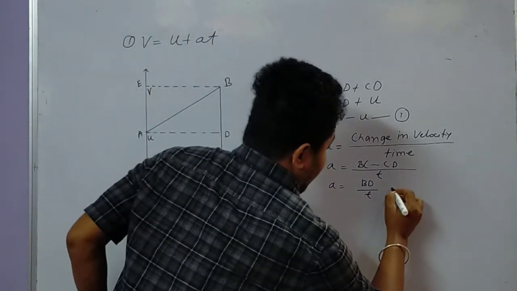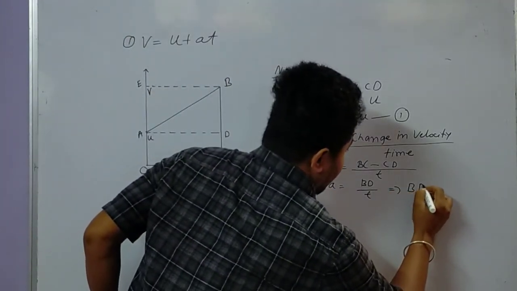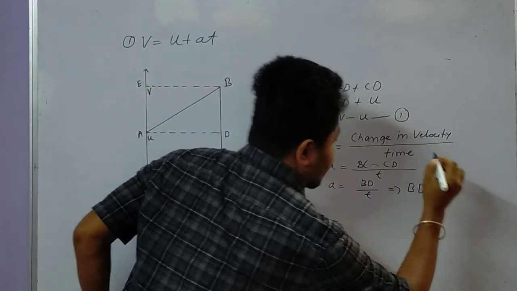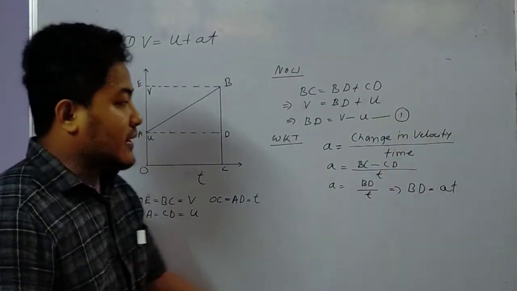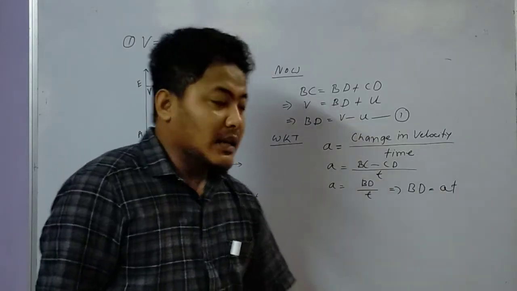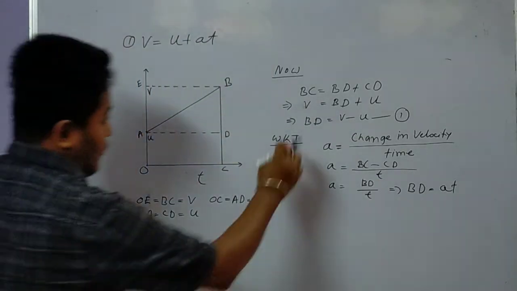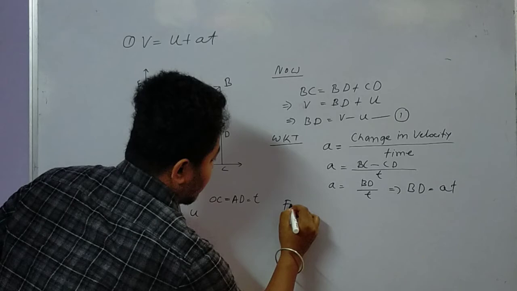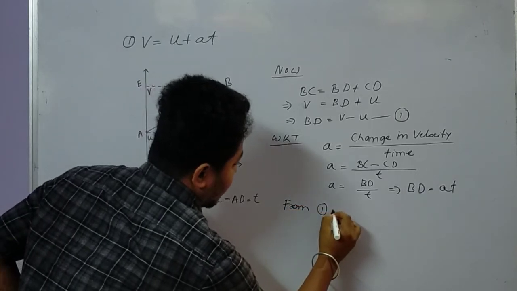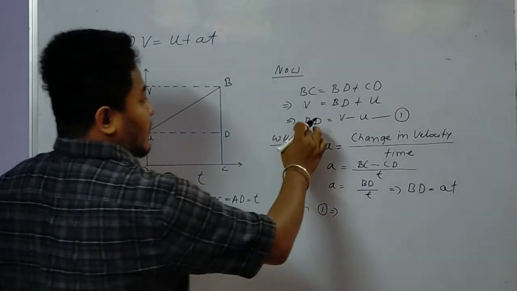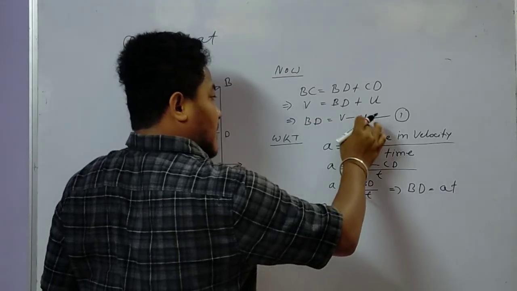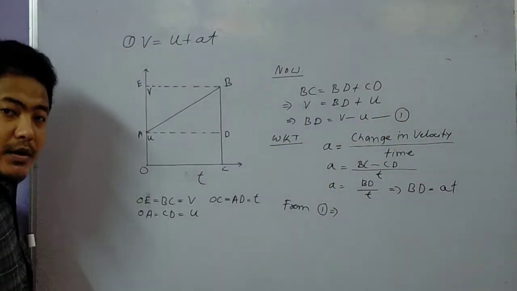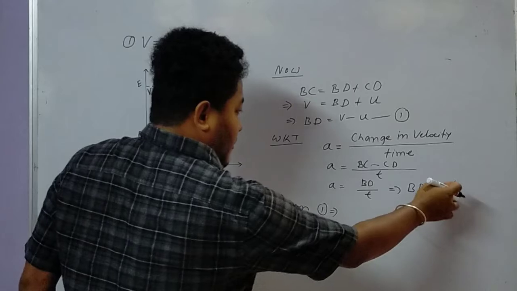This implies I can write BD is equal to AT. The value of BD I have already got now. This is AT. Now if I put this value in number 1 equation, what was number 1 equation? BD is equal to V minus U. What value have I got for BD?